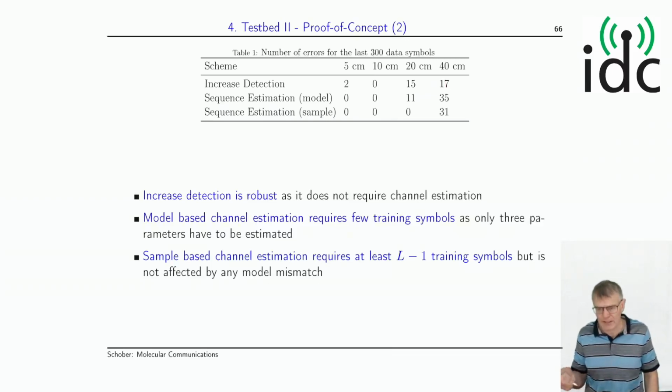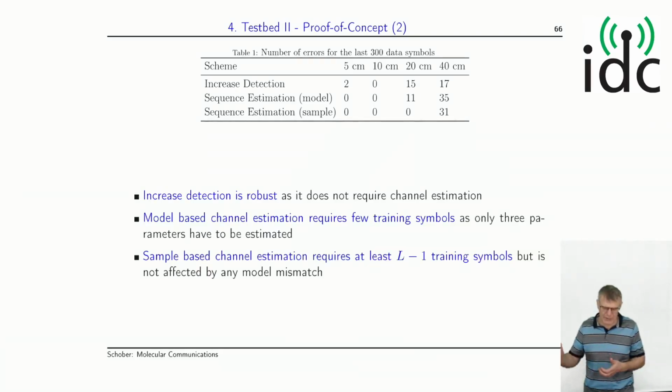So this does not need any channel estimation really. And we have some errors for 5 centimeters, but 0 errors for 10 centimeters and few errors then for 20 and 40 centimeters, right? So it's a suboptimum scheme, therefore the number of errors you make does not necessarily increase linearly monotonically with the distance, but in general it works reasonably well, I would say.